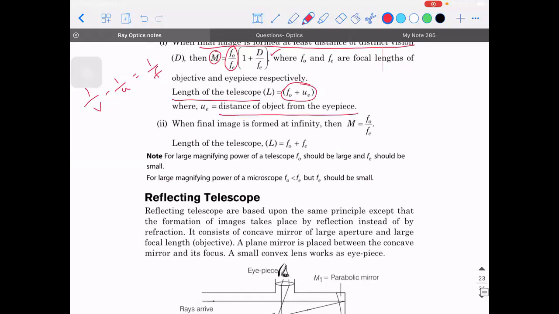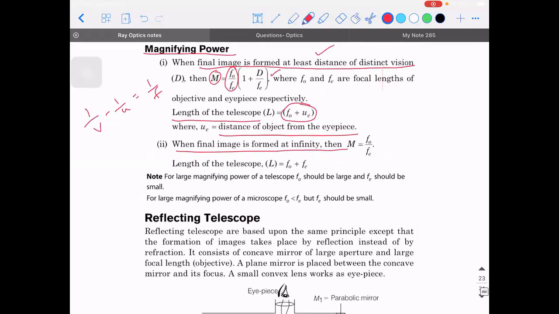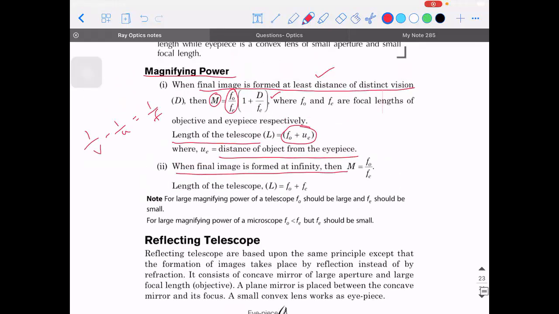Similarly, if the final image is formed at infinity, the formula is slightly different, given directly by f naught divided by fe.